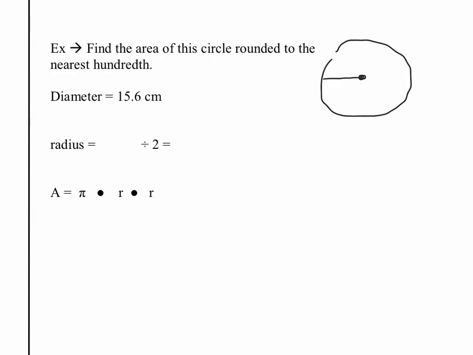We can label diameter with D, diameter of 15.6 centimeters. In order to know the radius, you have to get half of the diameter. Radius is equal to half of the diameter. So that would be 15.6 divided by 2.